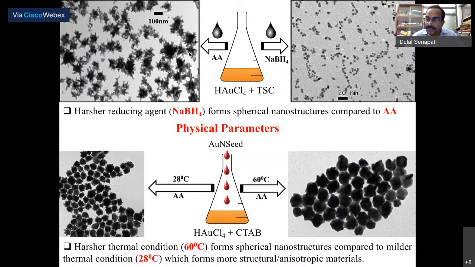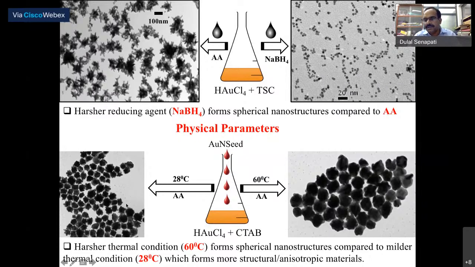But if we increase the temperature of the reaction to 60 degrees centigrade, the resulting nanoparticles are mostly spherical, which I have shown on the right-hand side. Keeping everything else the same, if we perform the reaction at 28 degrees centigrade, that is room temperature, then it generates anisotropy.